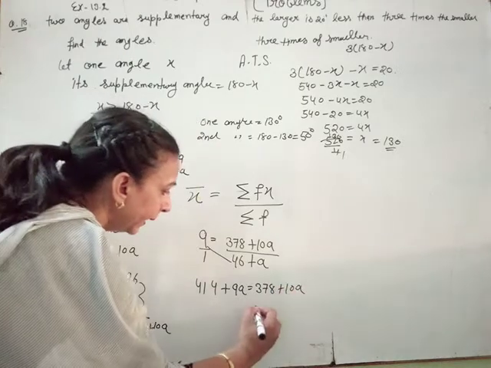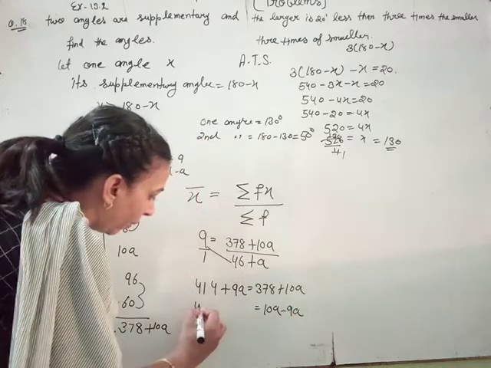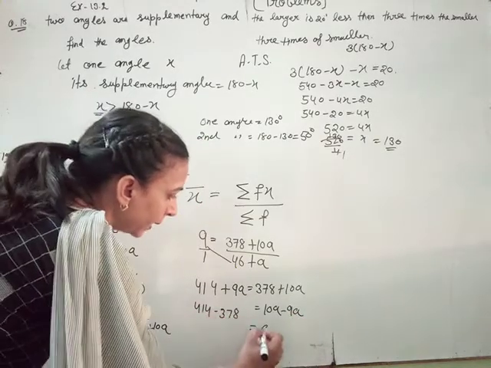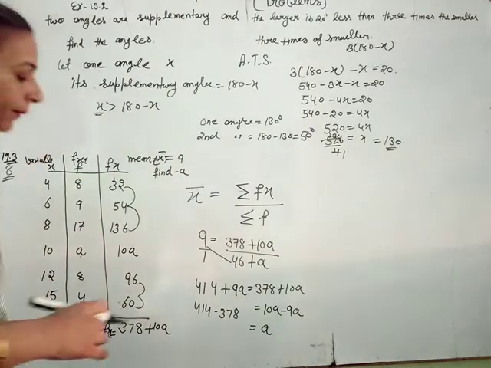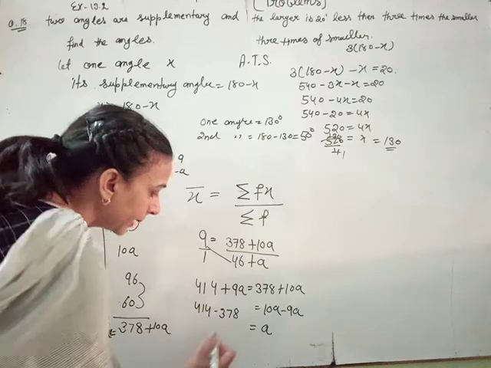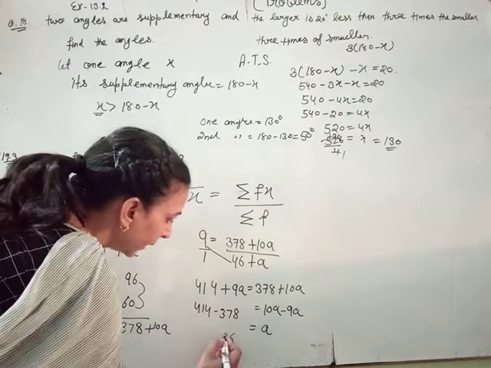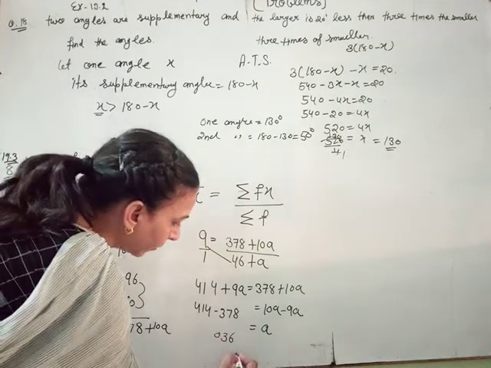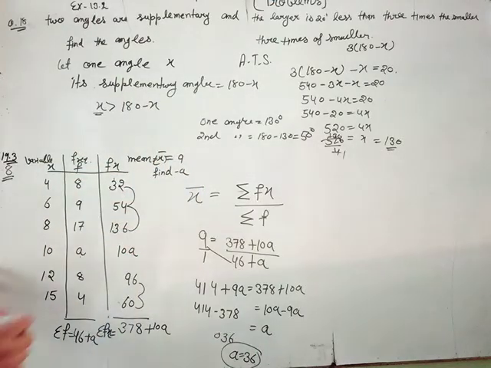Then 10a minus 9a, and 414 minus 378, equals only a. 414 minus 378 equals 36. So a equals 36, the value of the unknown is 36.